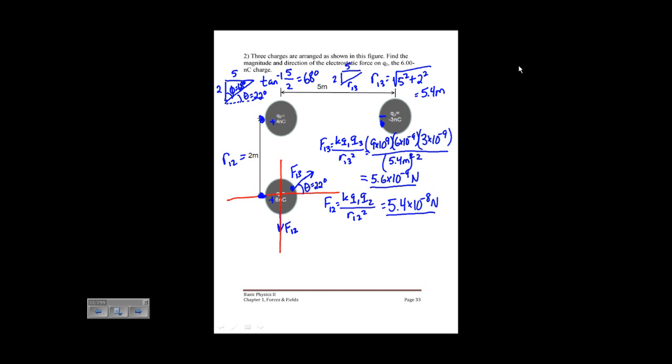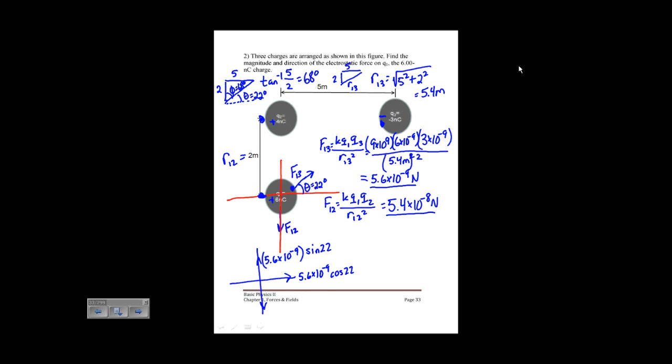Now let's just draw out these vectors. I'm going to put in values here. So I have F13. This is going to be 5.6 times 10 to the minus 9. And I want the y component, so it's times the sine of 22. And then this is going to be 5.6 times 10 to the minus 9 times cosine of 22 degrees.